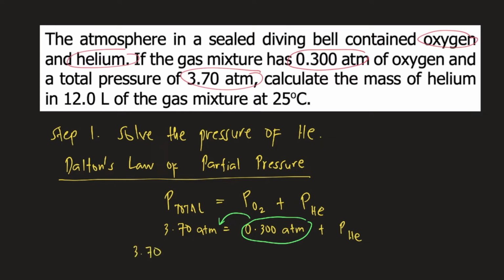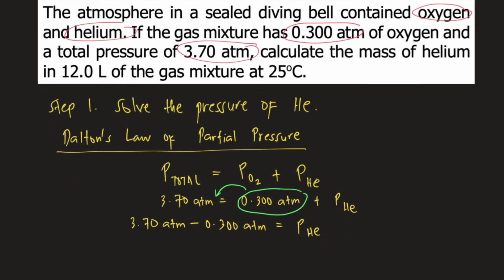So 3.70 atm minus 0.300 atm. This is the pressure of helium. So if you solve this in your calculator, 3.70 minus 0.300, that is 3.400 atm. So this is the pressure of helium. So that's for step 1.